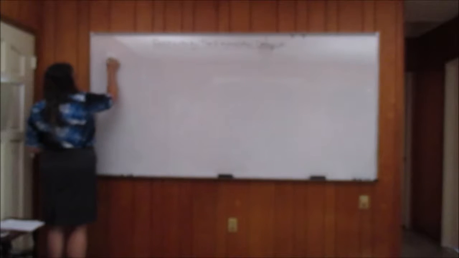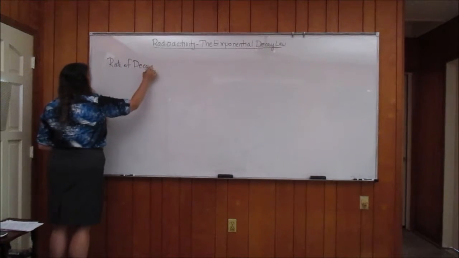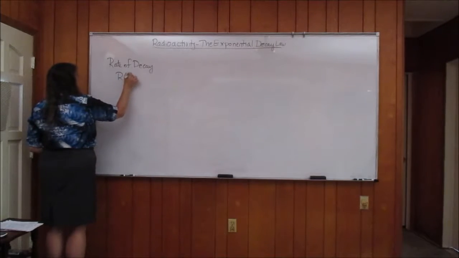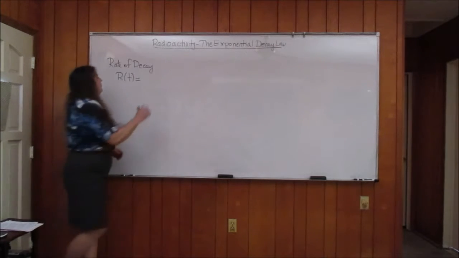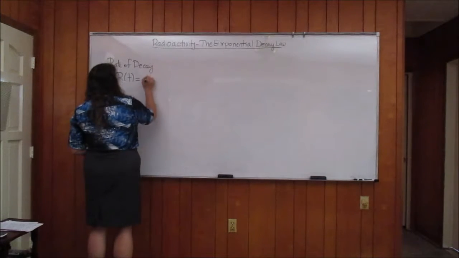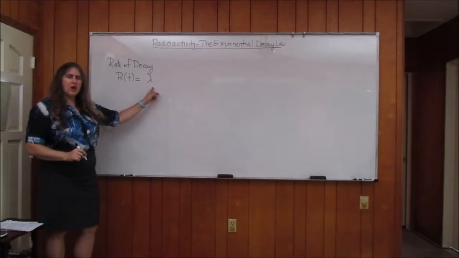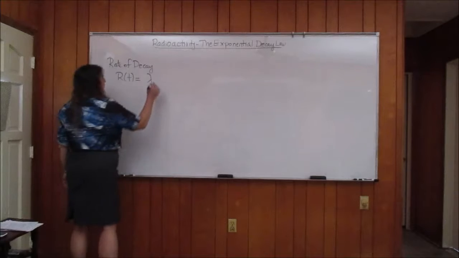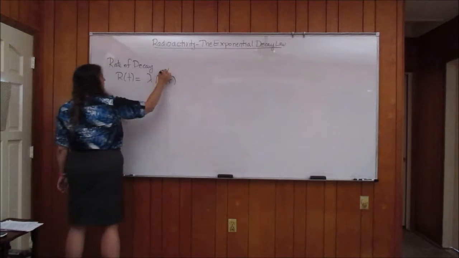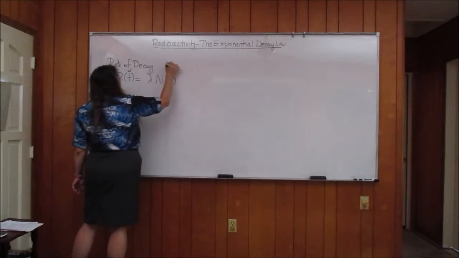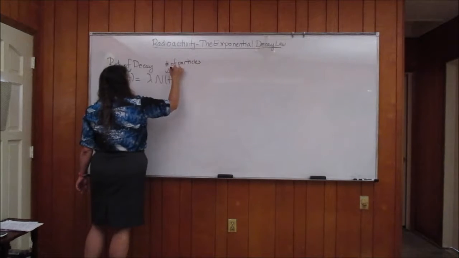And let's say the rate of decay we'll write as a capital letter R as a function of time is equal to the decay constant, the probability of decay basically, times N of t, which is the number of particles at time t.